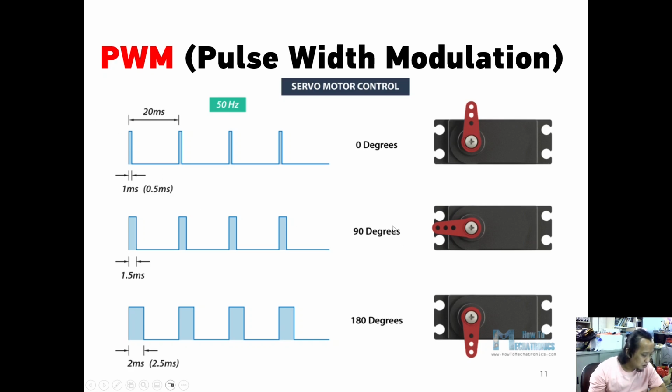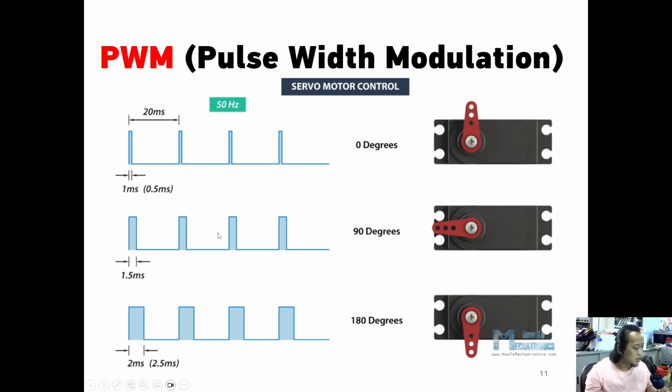And if we want to move the servo motor to 90 degrees, the on time should be set to 1.5 millisecond with the same period of 20 millisecond. If we want to move the servo to 180 degrees, we should set the on time to 2 millisecond or 2.5 millisecond. According to the datasheet, we should refer to the datasheet.